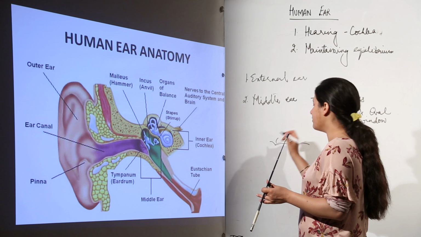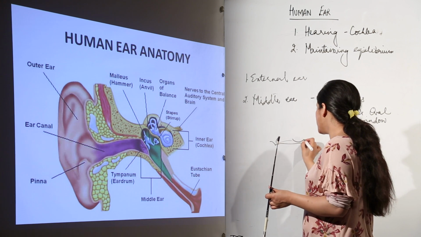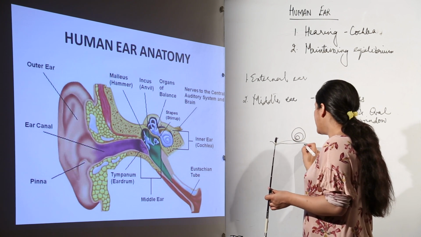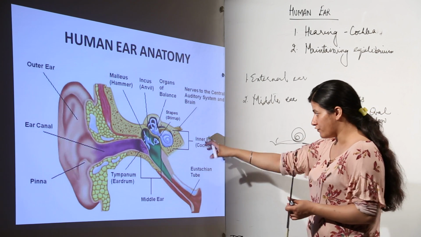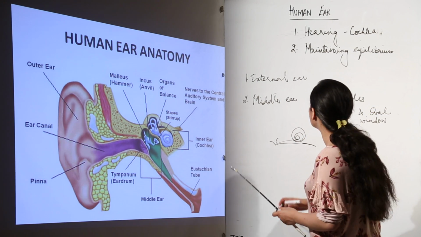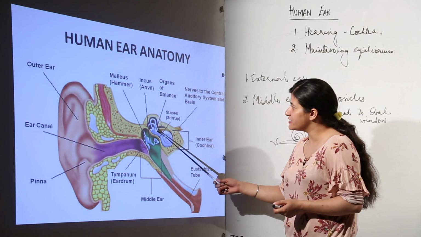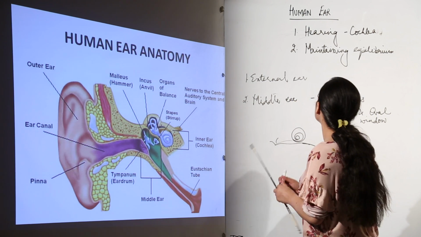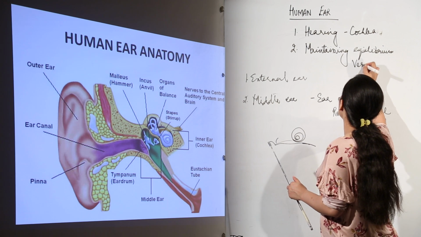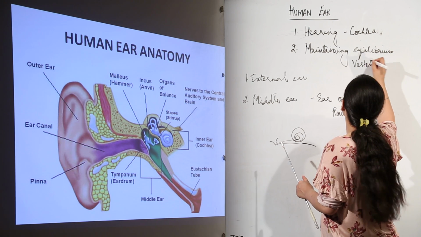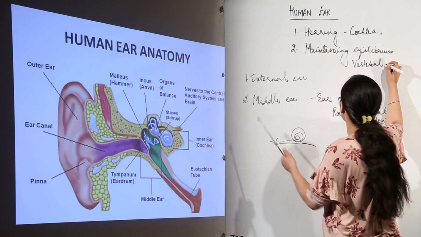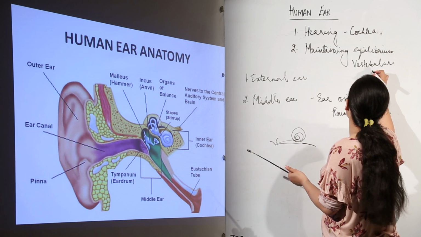We talk about it in gastropods. This is the shell of the snail, and the same is the case with the cochlea in the inner ear, which is responsible for hearing. Then we have the vestibular apparatus. Equilibrium is maintained by the vestibular apparatus, which is referred to in this diagram as the organ of balance.